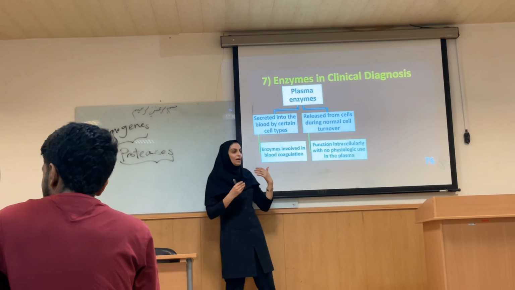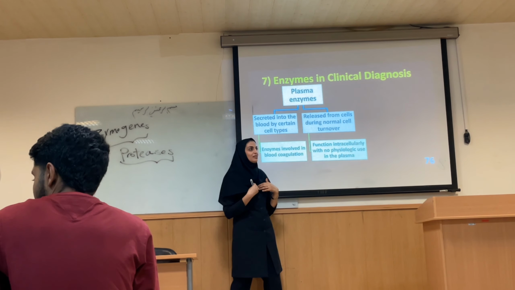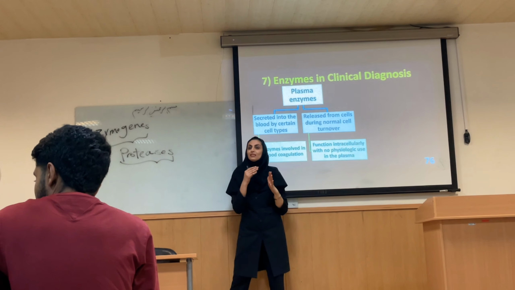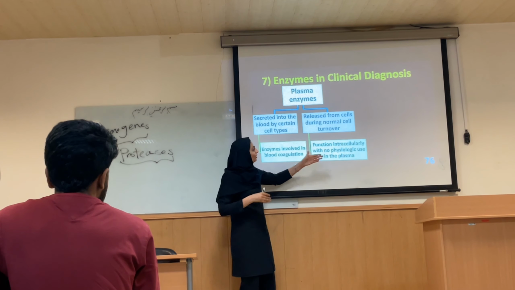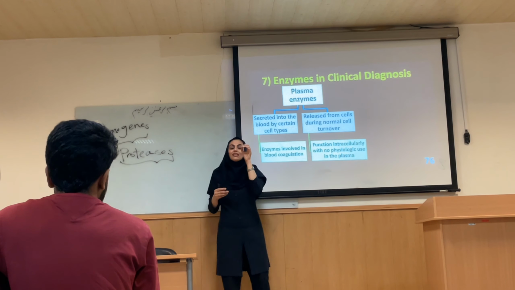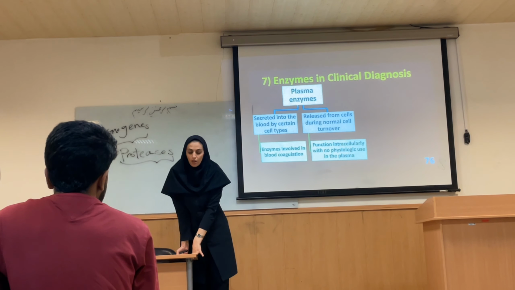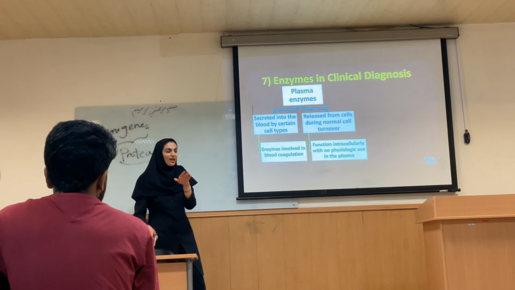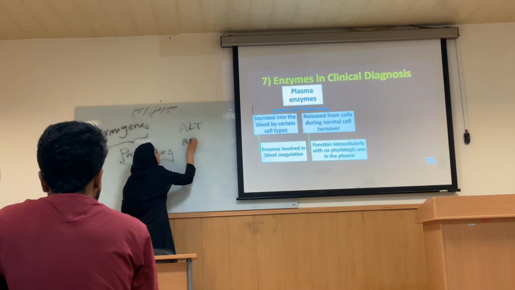For example, our liver cells, muscle and nerve cells, no. Lots of our cells, skin cells, lots of our cells. During the turnover, a little enzyme may be released into the blood circulation. It is normal. For example, I have lots of examples about ALT and AST.